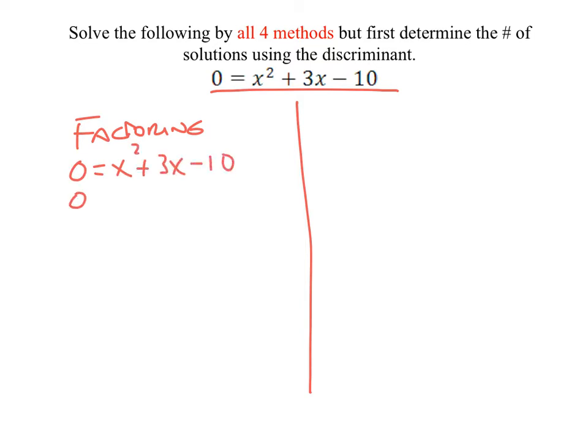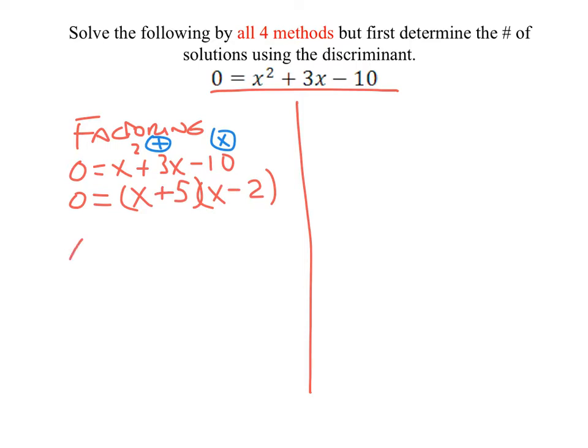And you probably at this point should be able to do this, practicing it. We need 2 numbers that multiply to negative 10, but add to positive 3. So what would those 2 numbers be? Multiply to negative 10, so 5 and 2, but it's got to add to positive 3.